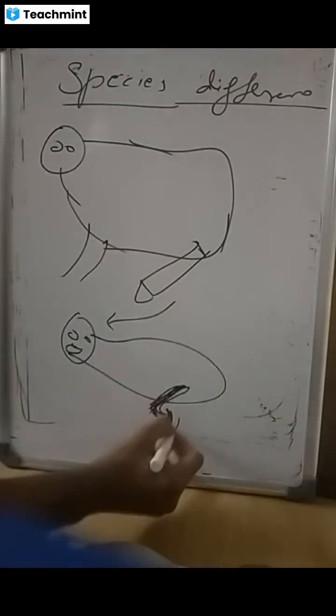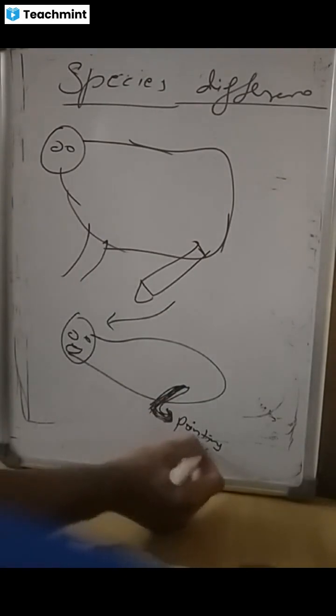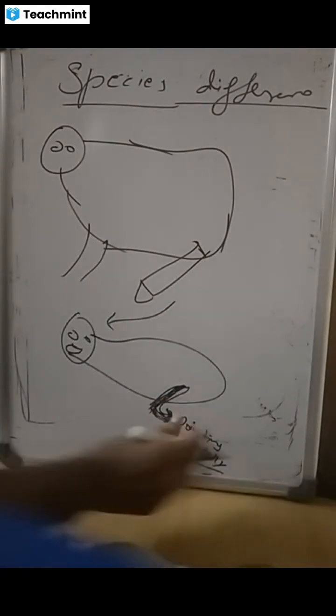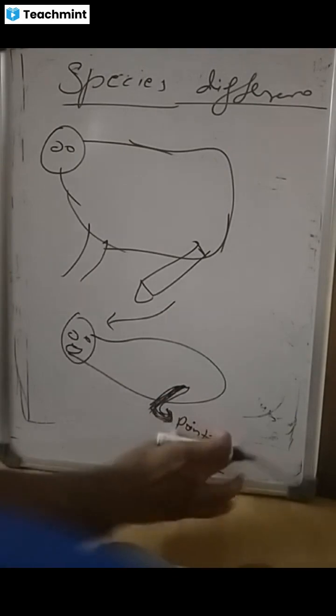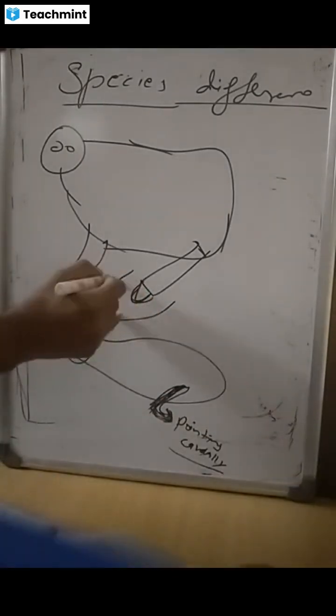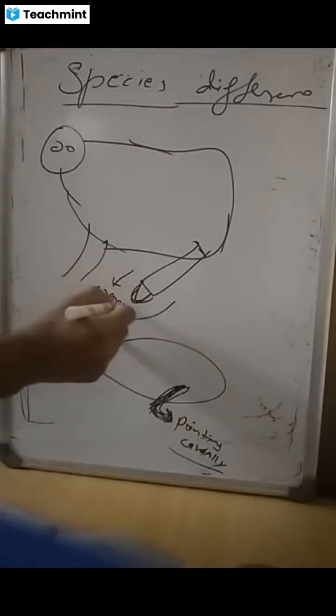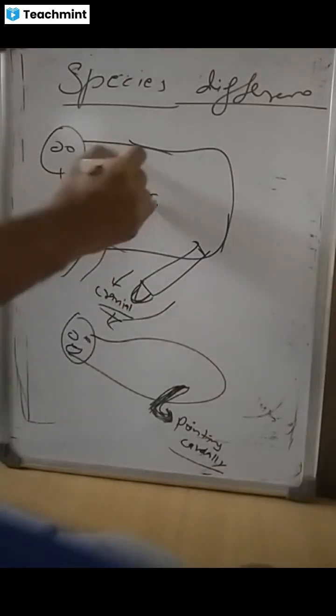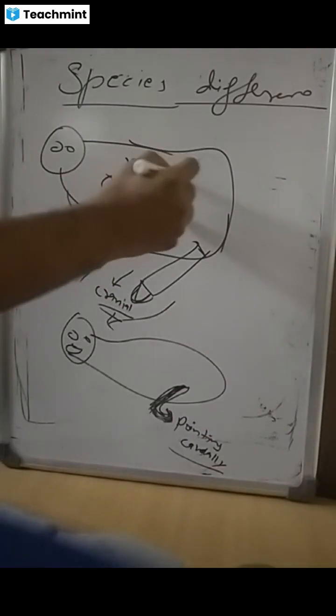This tip is caudally. That is the tip is cranially. This is in other species like your bull, ram, horse, dog.